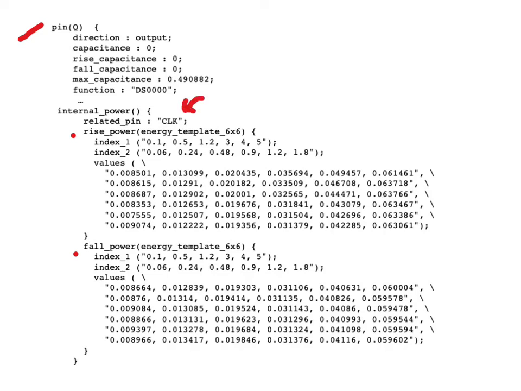And this is dependent on the size of the flip-flop given by the output capacitance 0.5, that gives us the second row of the table, and the rise transition time of 0.24 nanosecond, that is the input transitions have a rise time of 0.24 nanoseconds and a fall time of 0.24. For the clock the rise time is 0.06, so we should be looking at this value, and for the fall time is 0.24, we should be looking at this value.